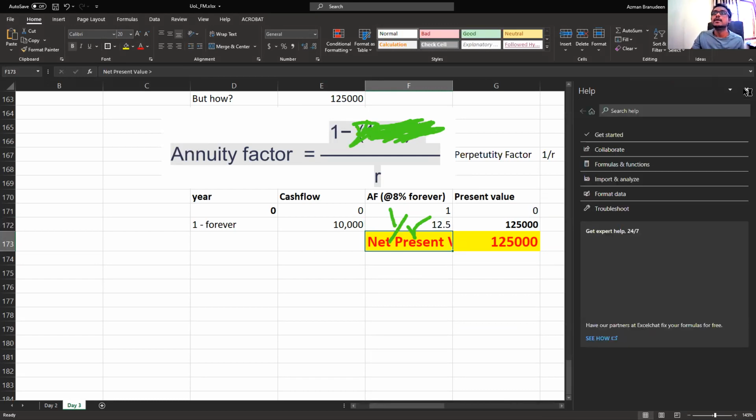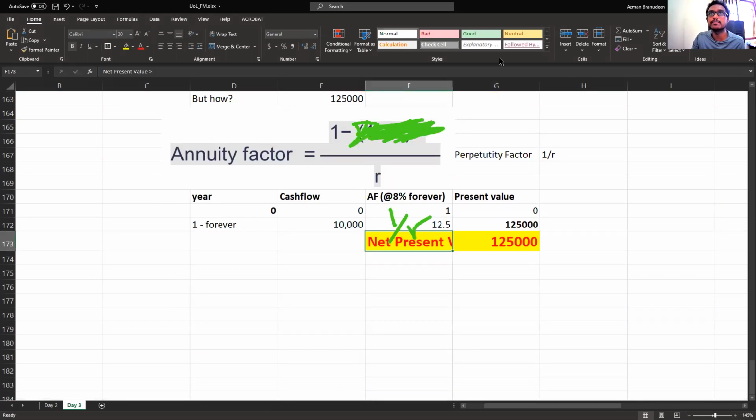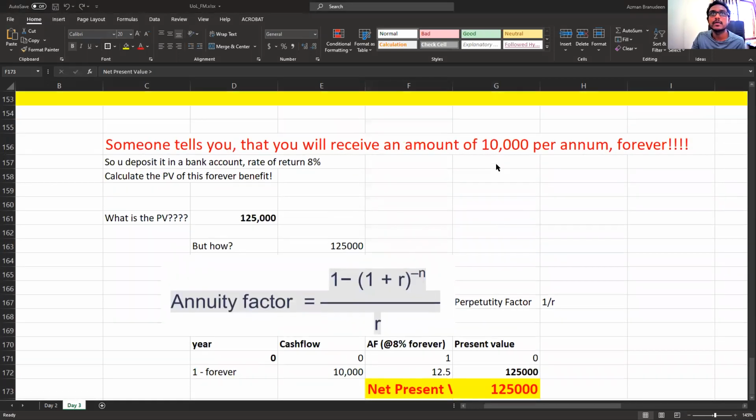Now, you can help me out by telling me, what does a perpetuity mean?